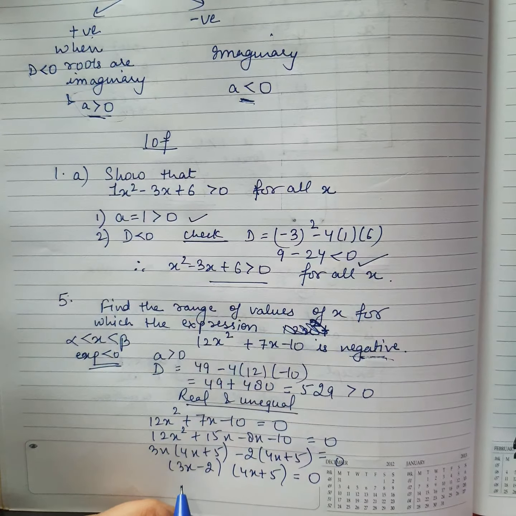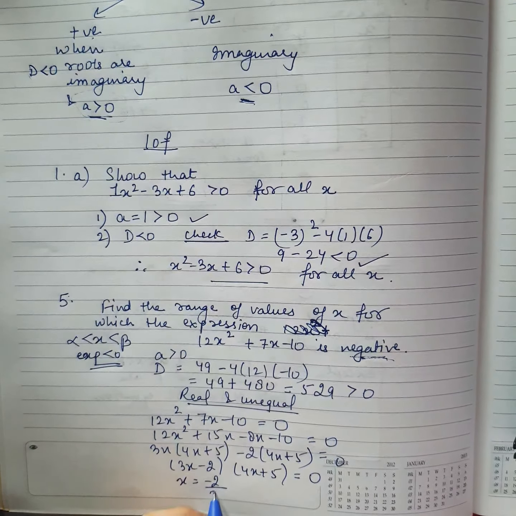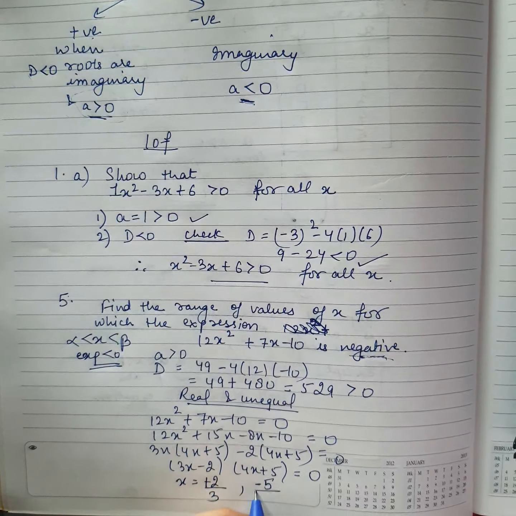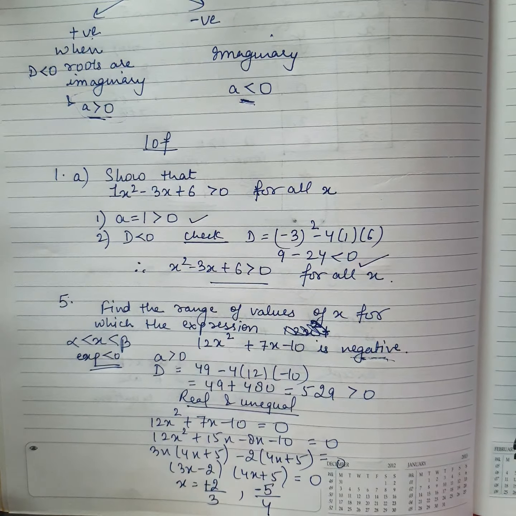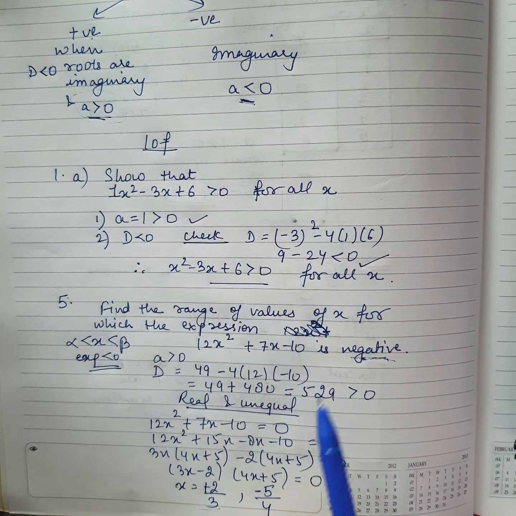So in this case we have x equals to 2 by 3 and minus 5 by 4. That means if x is lying between the roots, the value is going to be negative.